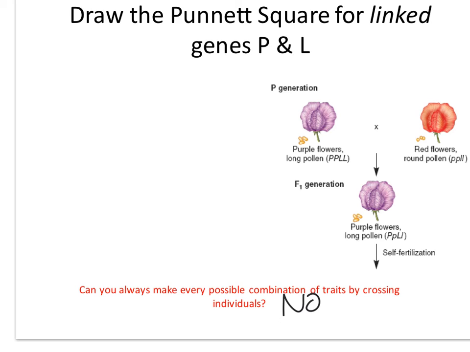Do they independently assort? Do they follow Mendel's second law? That would be good. Or are we dealing with a bad situation? The genes that control the traits we want to combine are on the same chromosome, and we might not actually be able to combine those two traits the way we want, just because the genes are linked. They don't independently assort.